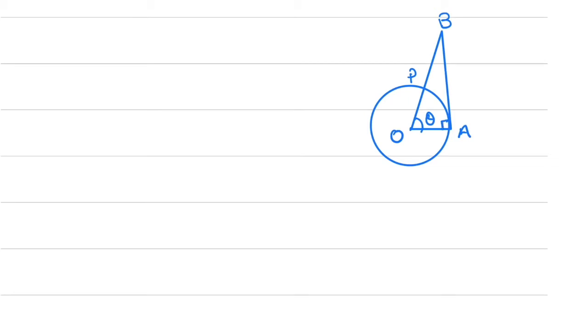We know this is shown as the tangent, and radius is OA, R, and we have a shaded portion here.